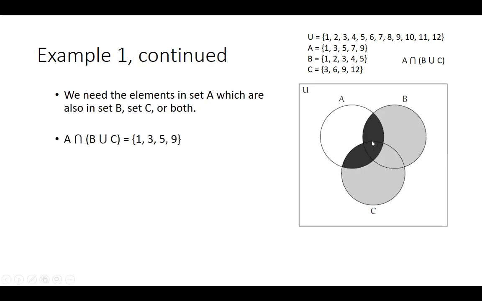So we need the elements of A that are also in B, that are also in C, or that are also in both B and C. So elements of A that are in B, elements of A that are in C, or elements of A that are in both B and C.